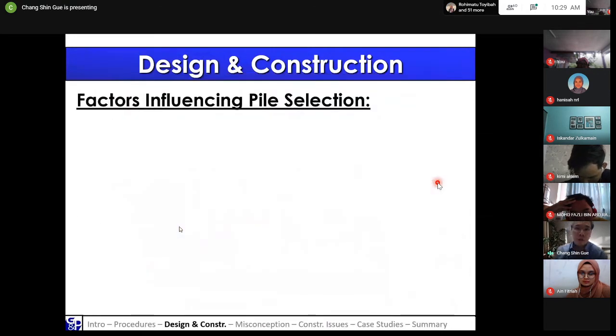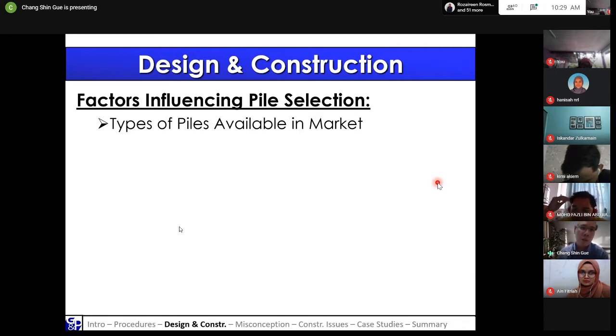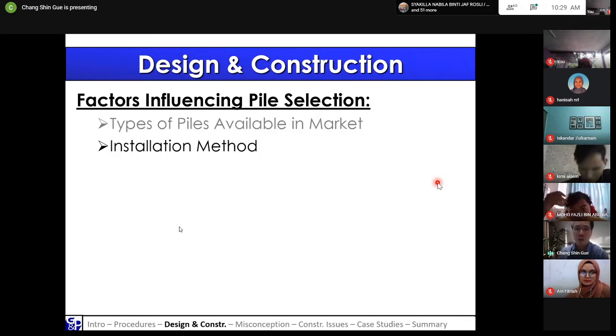Now it's important for you to know what the factors influencing your pile selection are. Firstly, you need to know what piles are available in the market and also the typical installation methods. Of course, there are some methods that are very advanced that may be overseas.